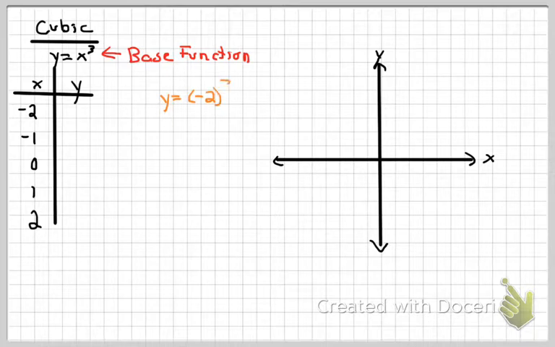So if we sub in -2 and cube that, we're going to get -8, because remember -2 cubed is -2 times -2 times -2. So this gives us -8. When it's -1, again sub in, so -1 times -1 times -1, so that would be -1. 0 would be 0, 1 is 1, 2 is 8.